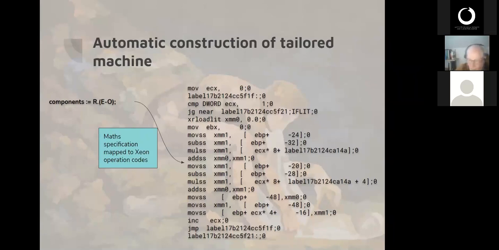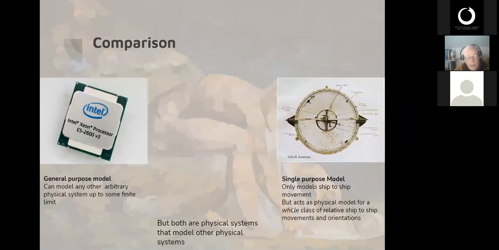The compiler generates a sequence of instructions. Now, this is hard to see as the same thing as the mechanical operation, but this is just a digital representation of the same thing, and it only works to the extent that I actually have a physical device. I have a Xeon processor which does the calculation.